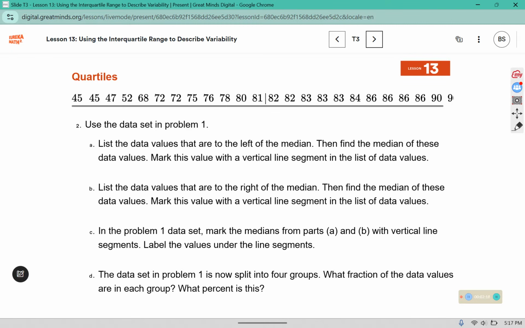Use the data set in problem 1. List the values that are to the left of the median. Then find the median of these data values. Mark this value with a vertical line segment in the list of the data values. So we're listing out the ones to the left.